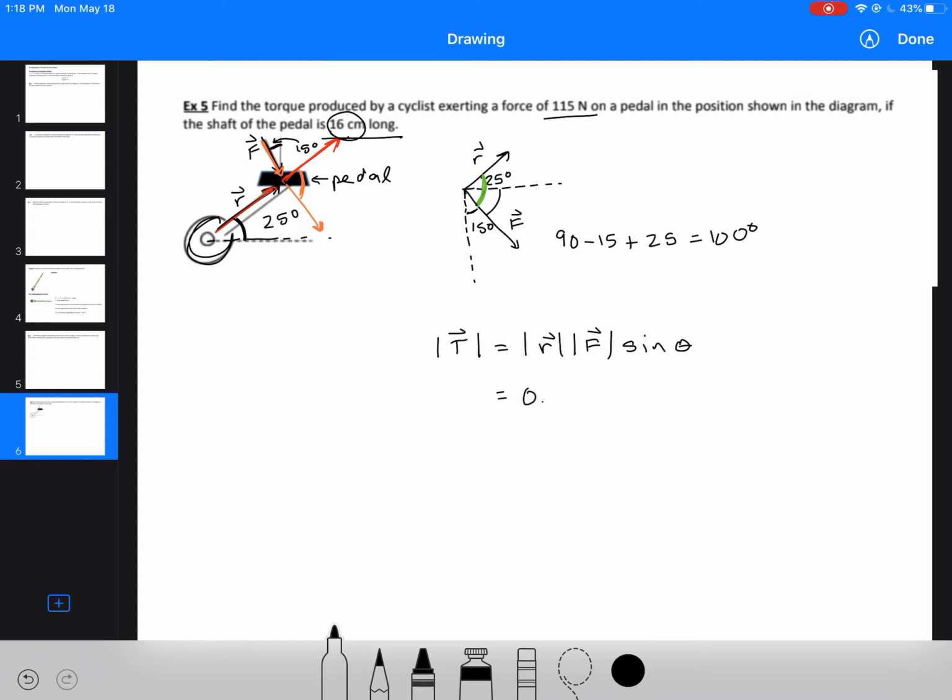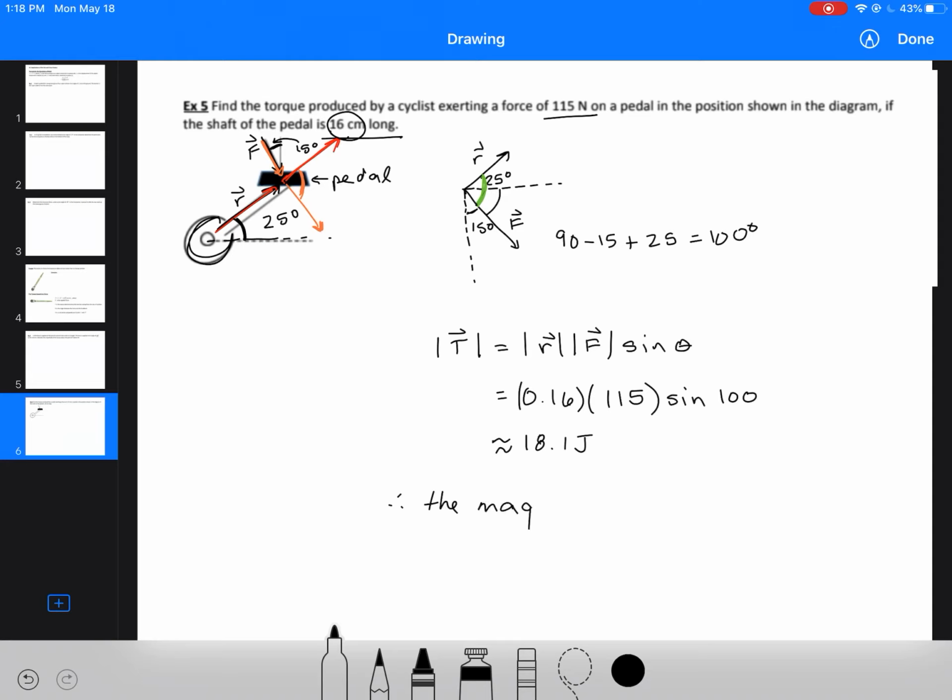So remember, we need to change that into meters. My applied force is 115 newtons. And then the sine of the angle in between them, where the angle is 100 degrees. And when I multiply all that out, I'm going to get approximately 18.1 joules.